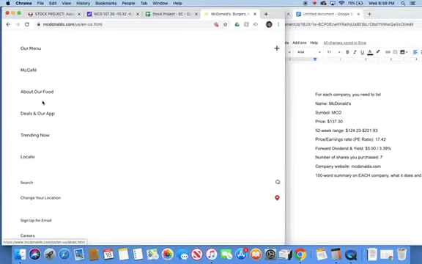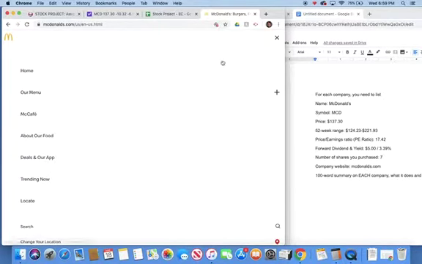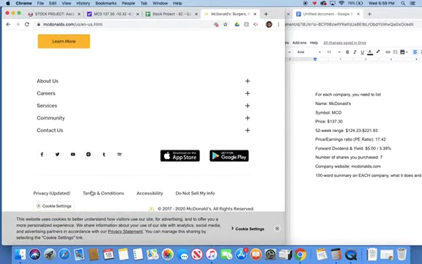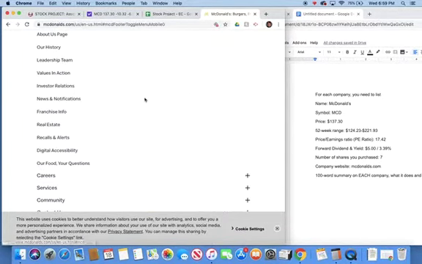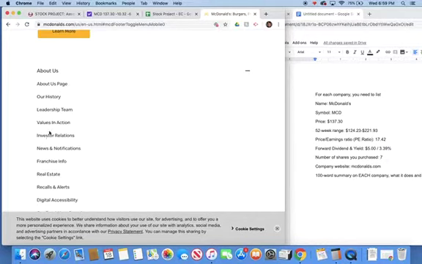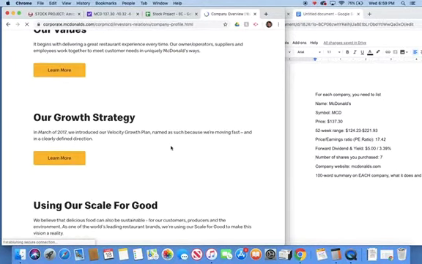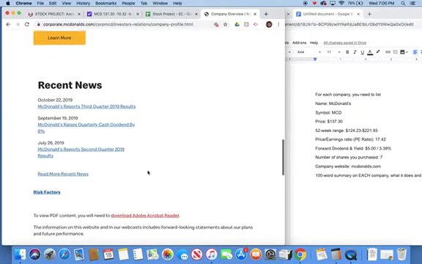It's interesting because you're usually able to find it pretty easily, and on McDonald's it doesn't look like that's very easily available right now. But about us, this is a good thing to do. And here, there's the investor relations tab. So we can find out what the company is doing. This is basically what they're trying to tell people who are buying stocks.